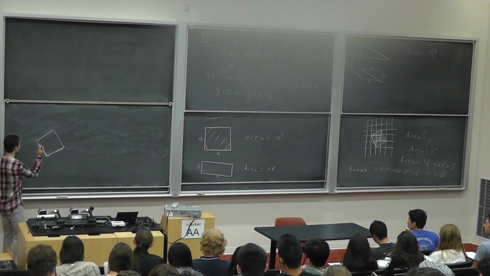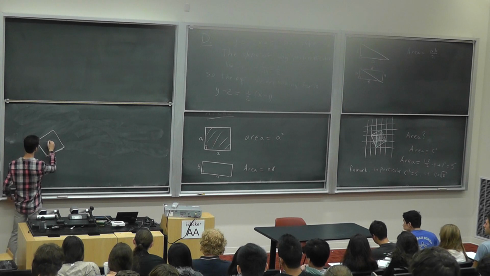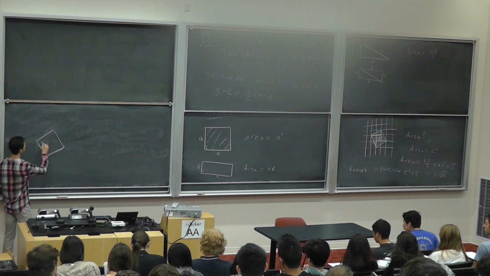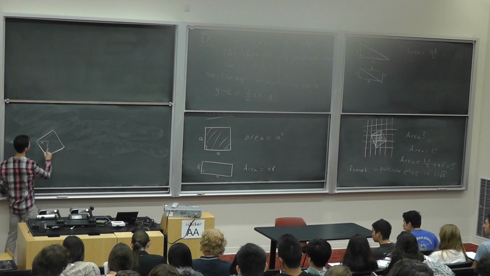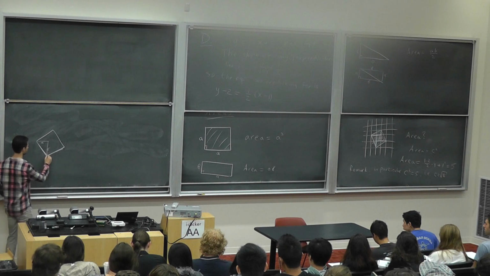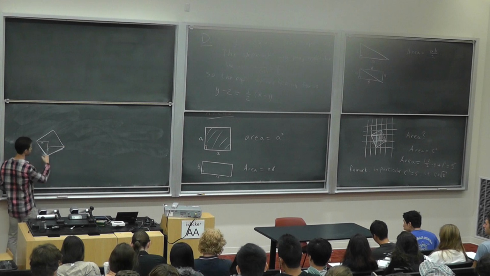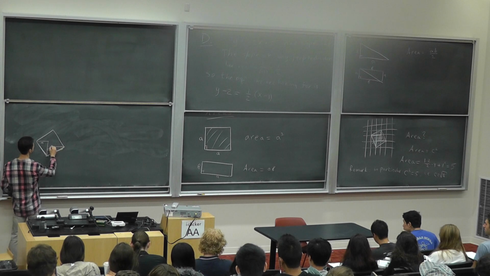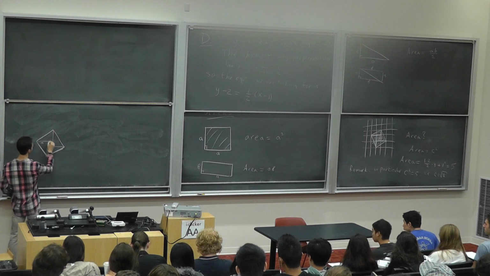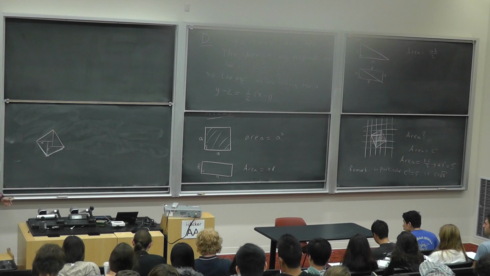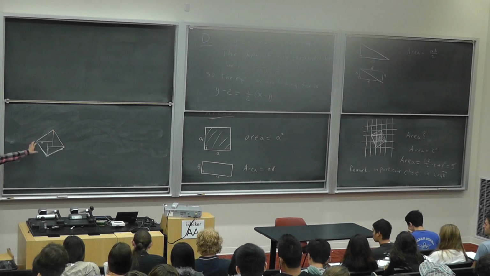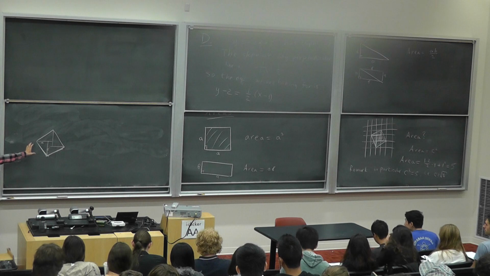Let me call them just A and B. So to go from here to here, I go A steps to the right. From here to here, I go B steps down. So similarly, A steps up, B steps to the right, B steps to the left, A steps up, and so on. Question, what is the area of this figure?